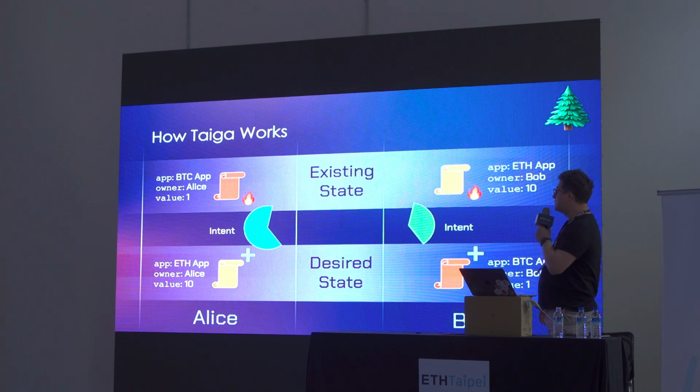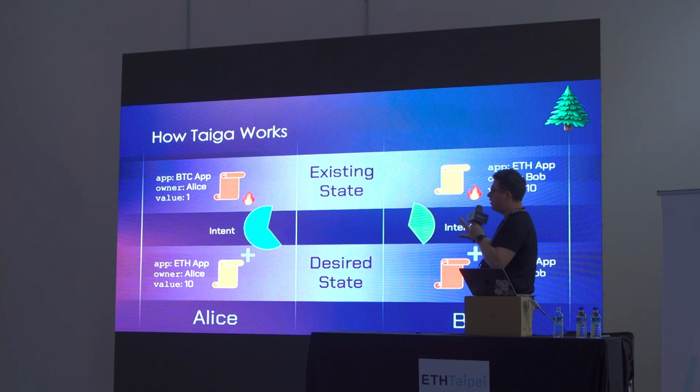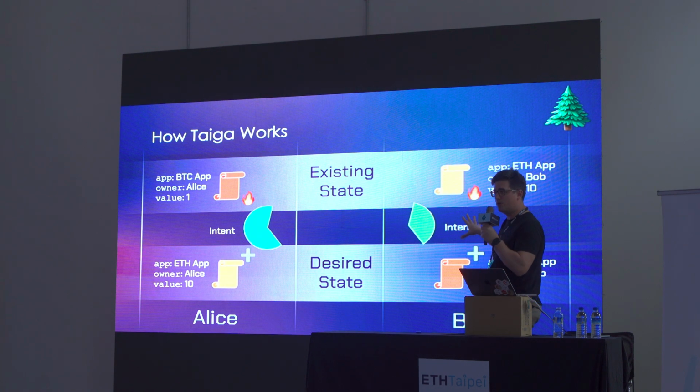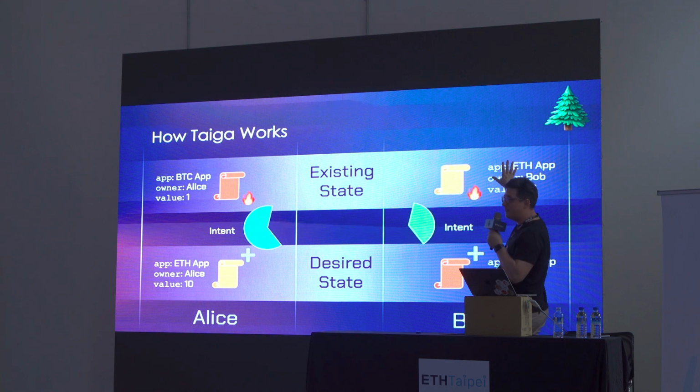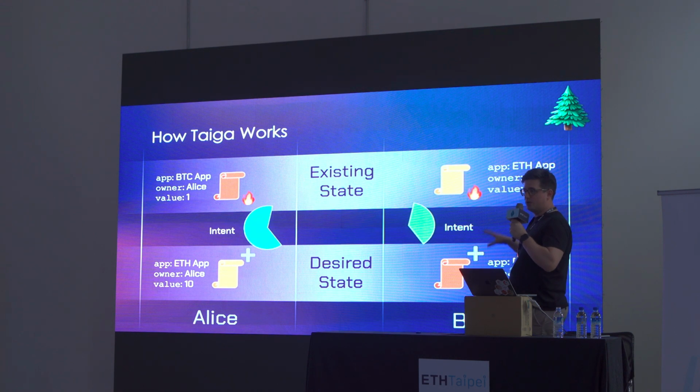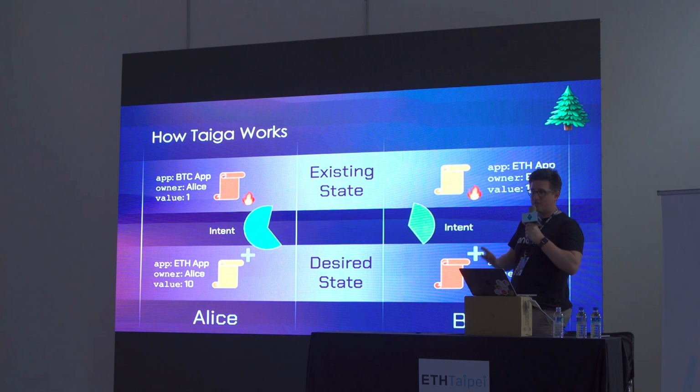Okay, so intents. We have intents in the form of, this is a simplified schema of how this works. Apart from what we indicate as nodes, which nodes should be destroyed and which nodes should be created, in addition to that, we also have validity predicates that are written as arithmetic circuits.